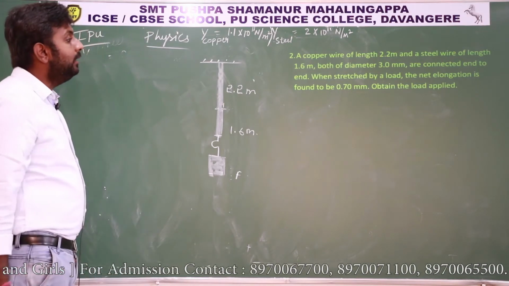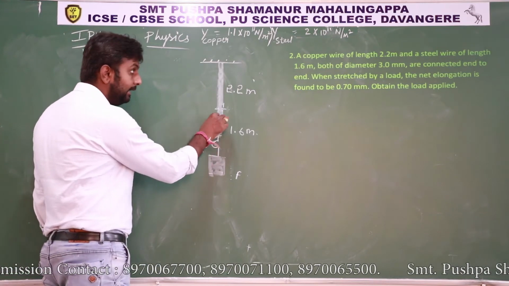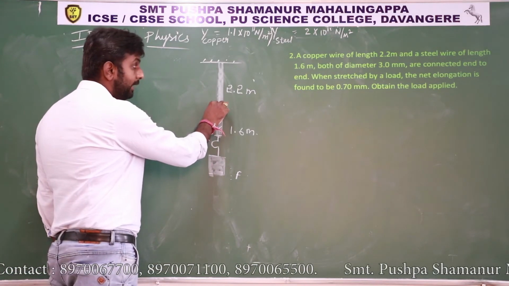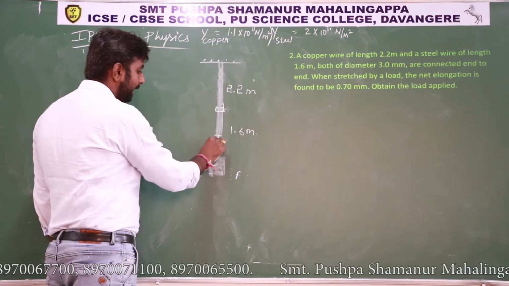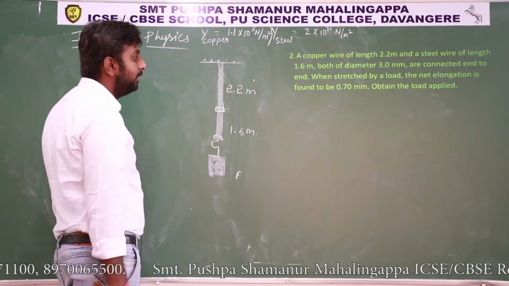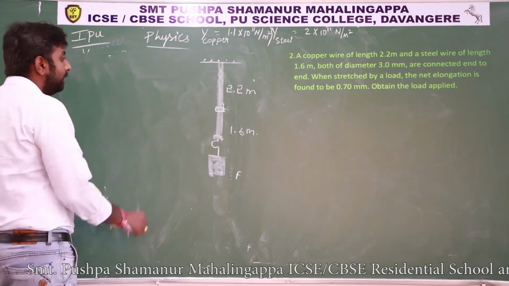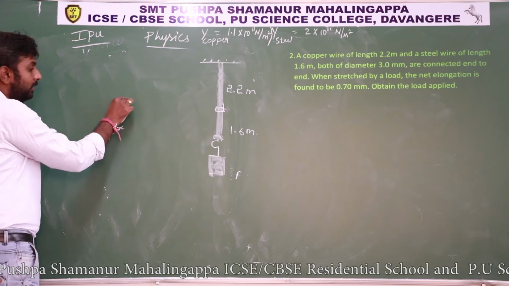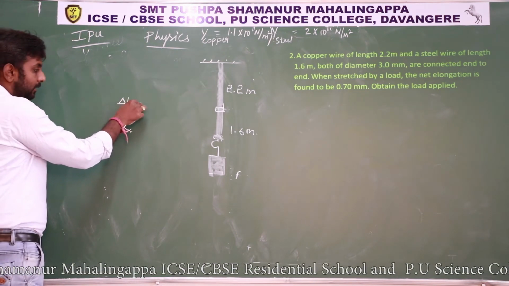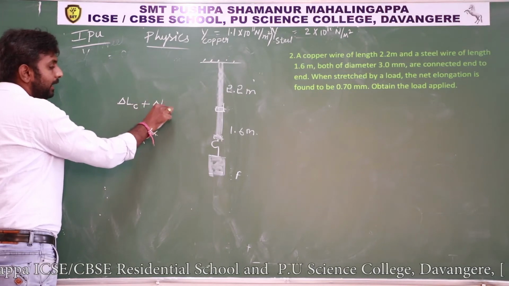When stretched by load, the net elongation is found to be, that means the length has increased. The copper wire length also increased and the steel wire length also increased. The net elongation found to be 0.7 millimeter. The net elongation means change in length of copper plus change in length of steel.